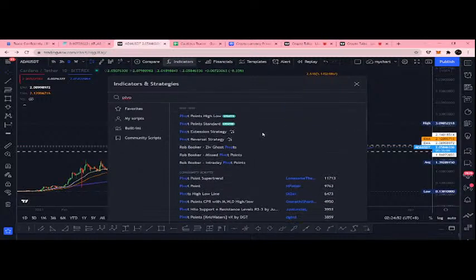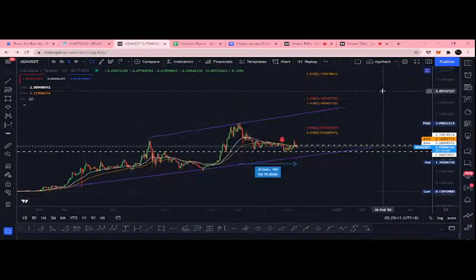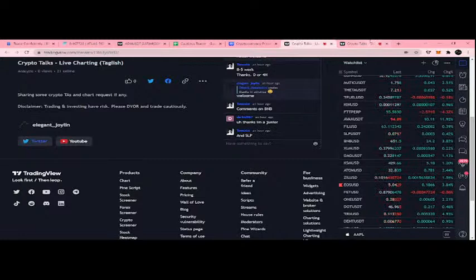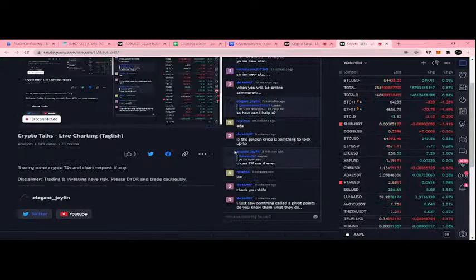But since I already maximized my three indicators, I can no longer add anything more to my current indicators, which are EMAs and the divergence indicator. So I think that's the last one, LTC.